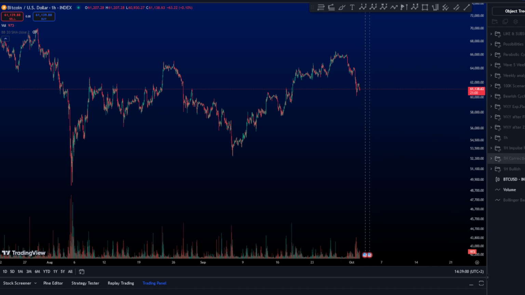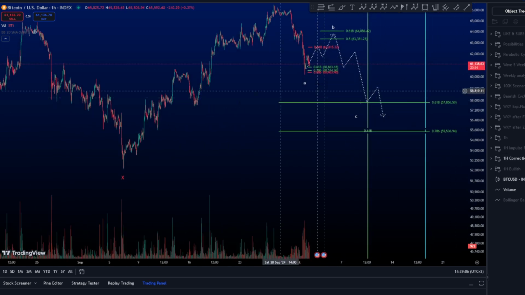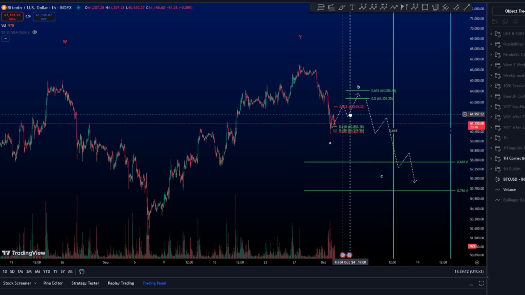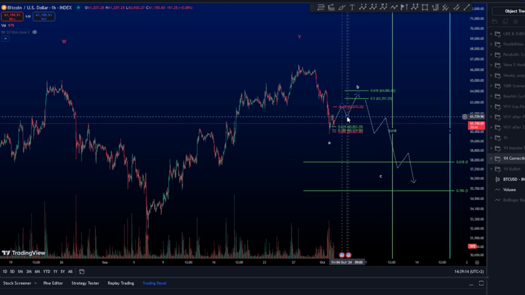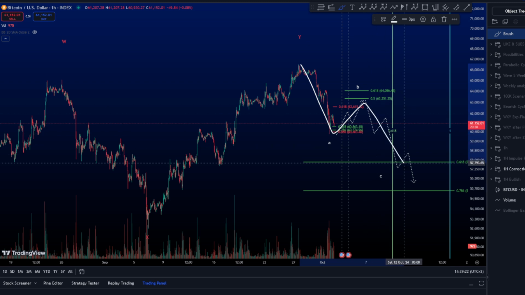The other scenario is that it could be a corrective scenario, where we want to see a correction after finishing this impulse, where you are going to see another impulse, but in a corrective wave.